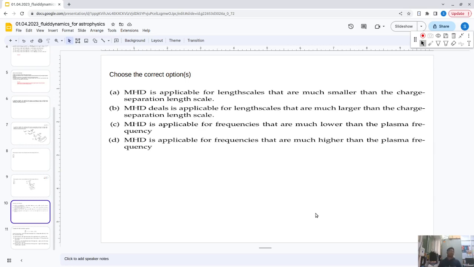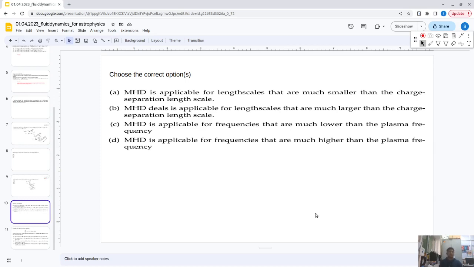If you look at the options right now: MHD is applicable for length scales that are much smaller than the charge separation length scale, which is not correct. MHD is applicable for length scales that are much larger than the charge separation length scale. B is correct. MHD is applicable for frequencies that are much lower than the plasma frequency, which is correct because the temporal scale has to be larger.